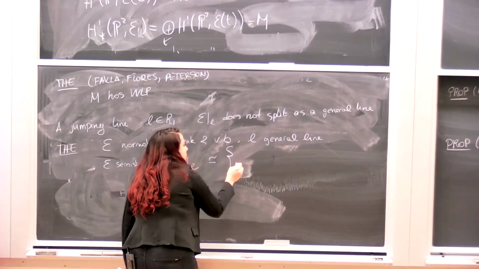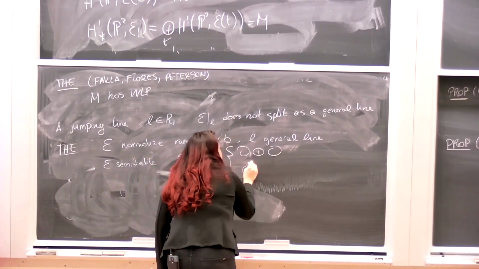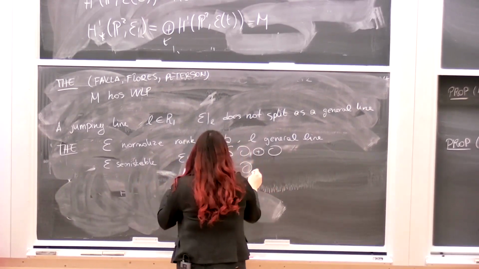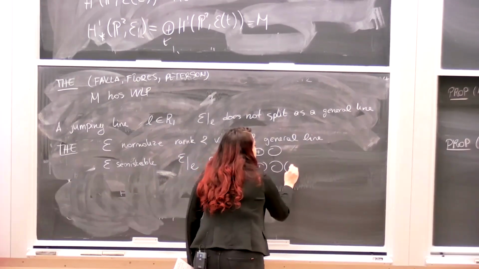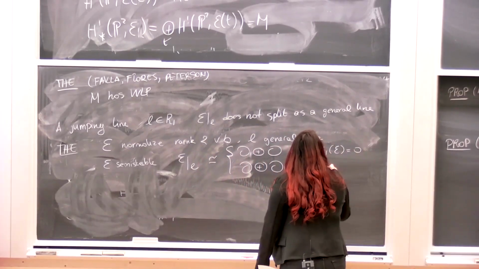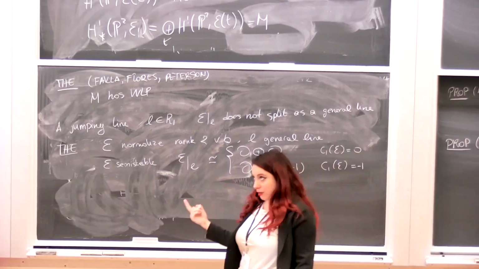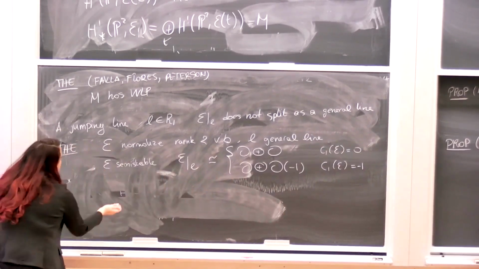The splitting type will be 0, 0, or the splitting type will be 0, -1, depending on whether the Forster class is 0 or -1. And this is the Grauert-Mülich theorem for the semi-stable ones.